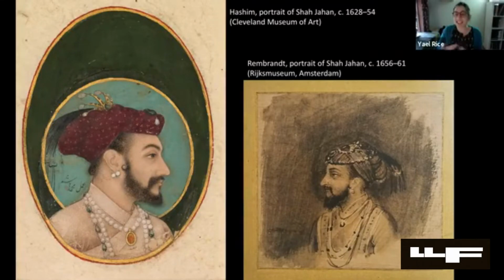Rembrandt, of course, attends to those features, but he has this much more abbreviated manner of representation. And you really get a sense of liveliness from his drawings, that he's really responding in an exciting, invigorated manner to his own source material.